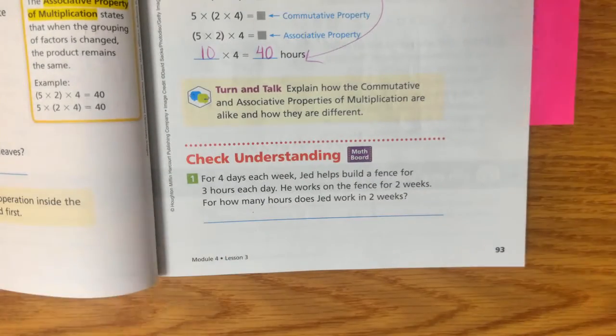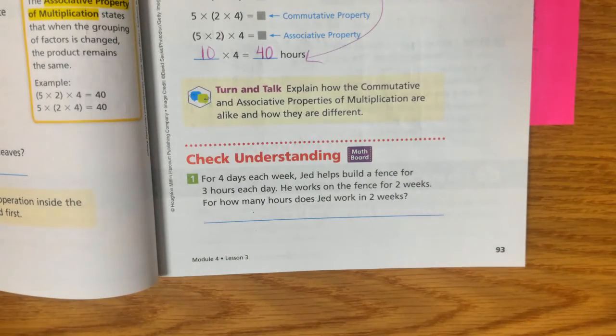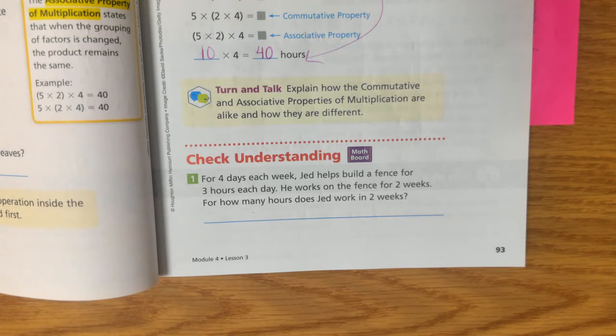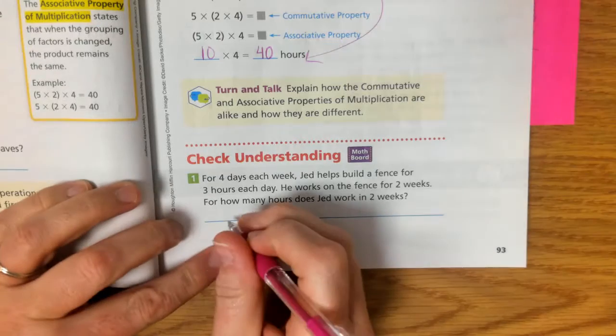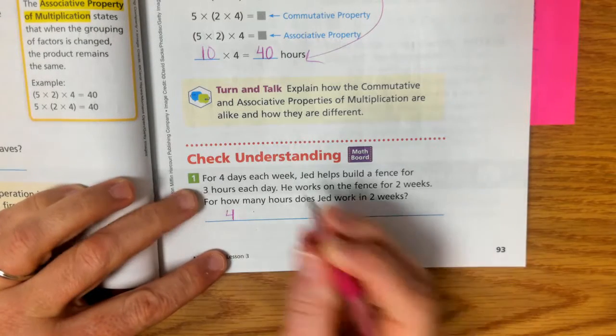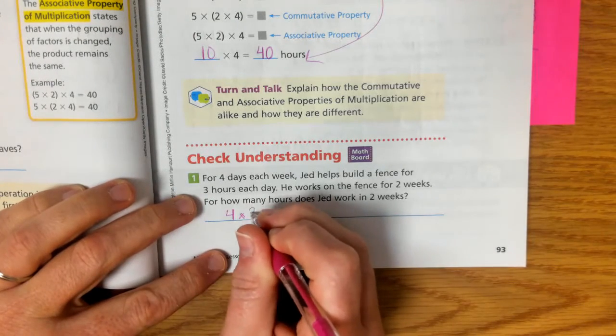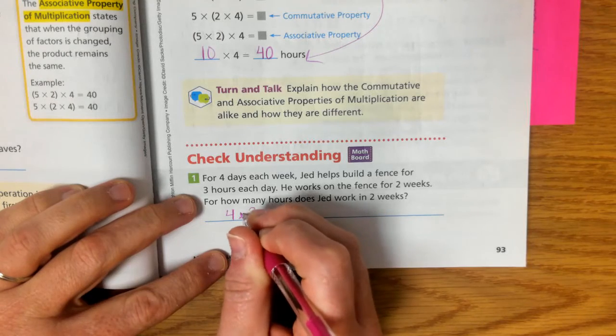Okay. Check for understanding. For 4 days each week, Jed helps build a fence for 3 hours each day. He works on the fence for 2 weeks. For how many hours does Jed work in 2 weeks? Well, what would our multiplication equation look like? We could write it for 4 days each week, he builds a fence for 3 hours each day, right?